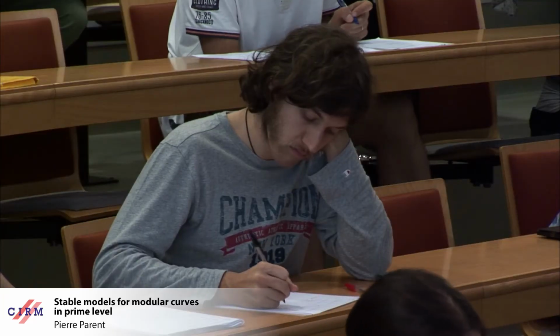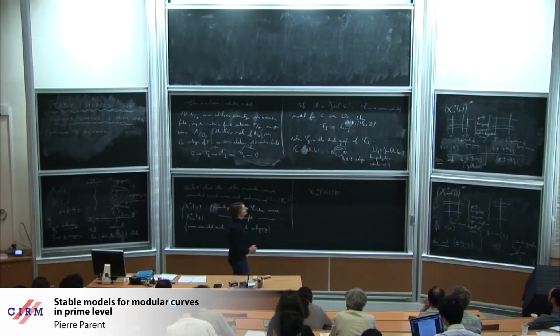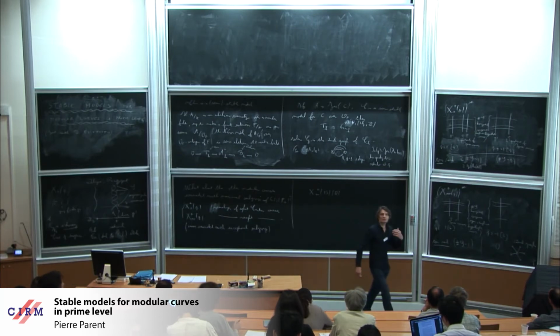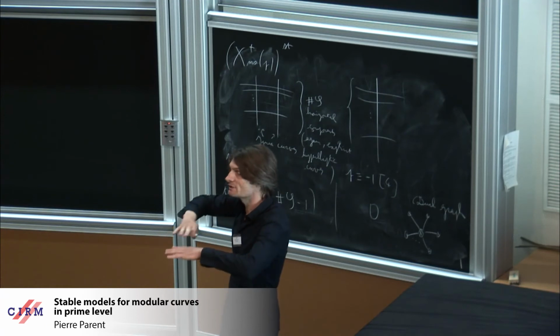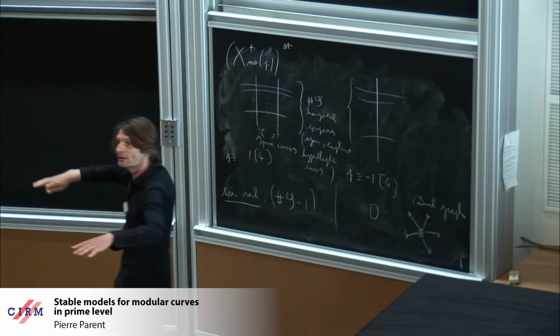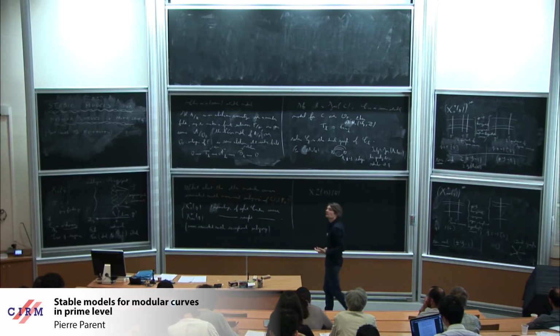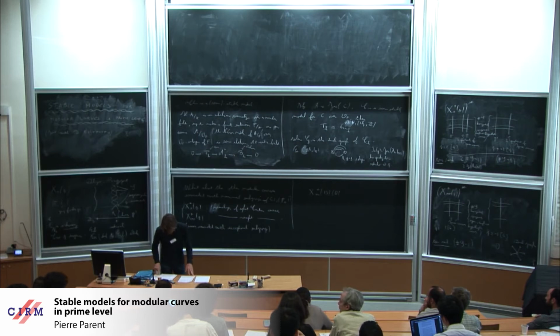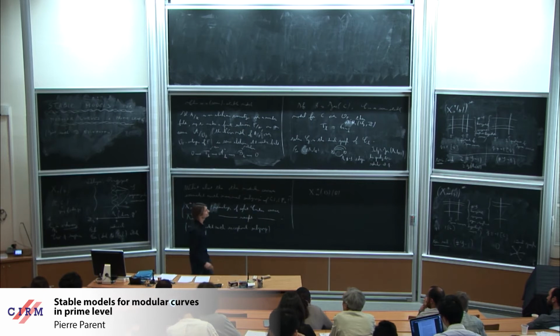Good. Something I will not discuss is that we also have a good description of the inertia action on those models. So we can actually recover models over Z for those objects, which fit with the intuitive modular interpretation we have for those moduli problems. I shall also say that I'm only considering prime levels, and this is a strong limitation.